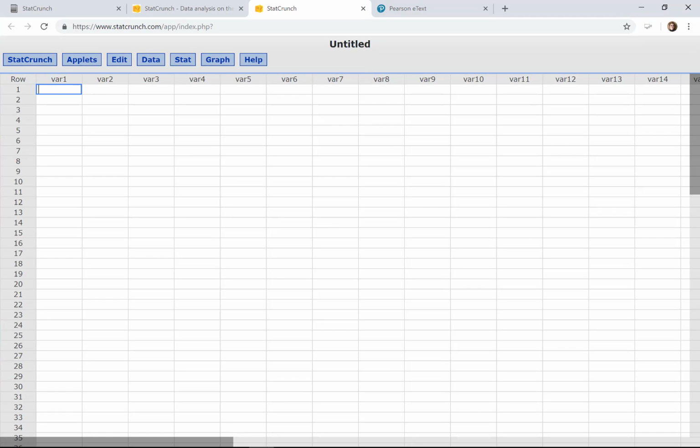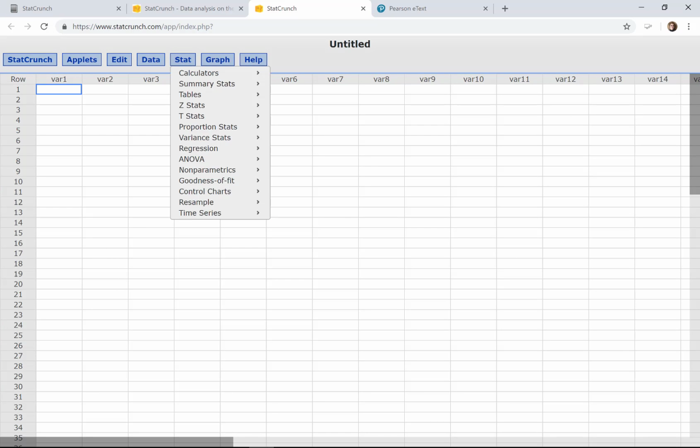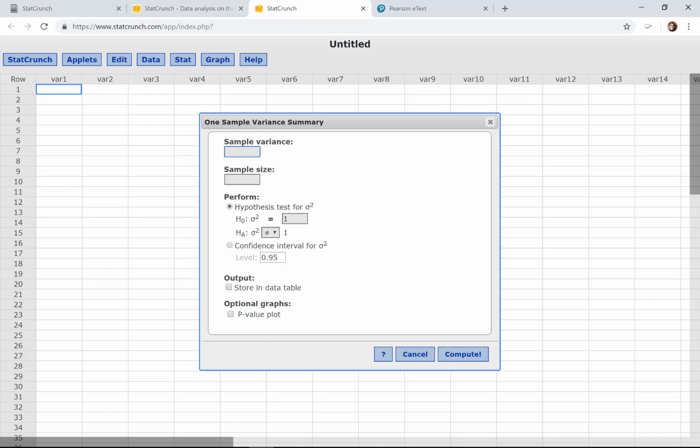When we're in StatCrunch, we're going to go to Stat, Variance Statistics, One Sample, With Summary, and the sample variance. Our sample variance was, what is it, 0.0225? I think so, because we're thinking it's equal to 0.17.